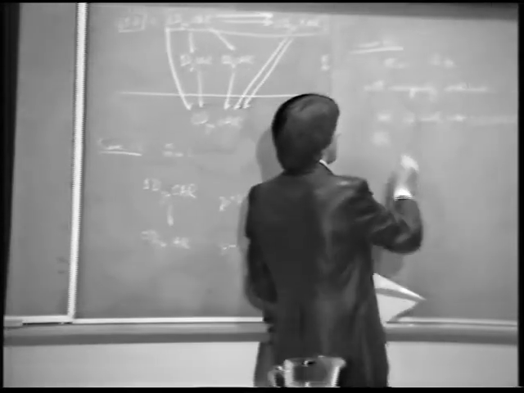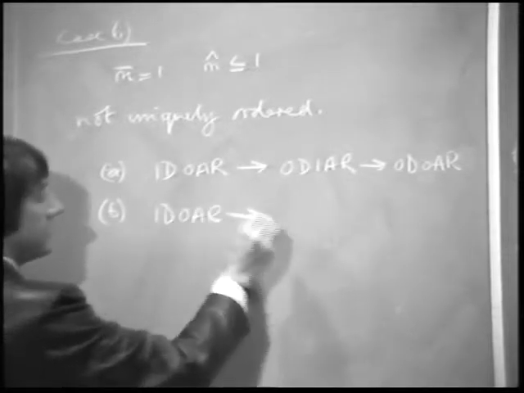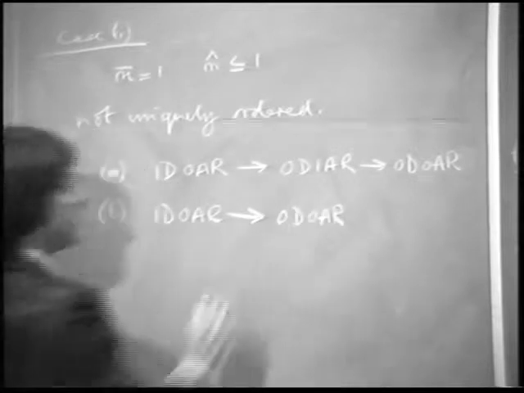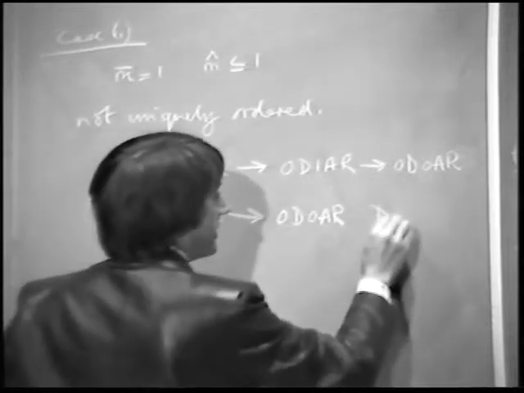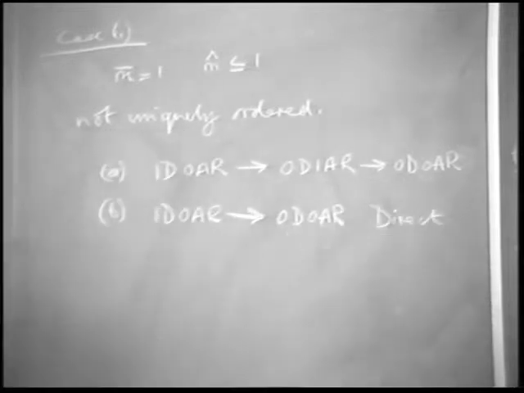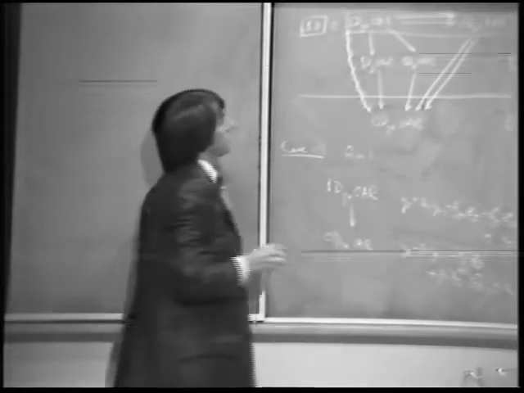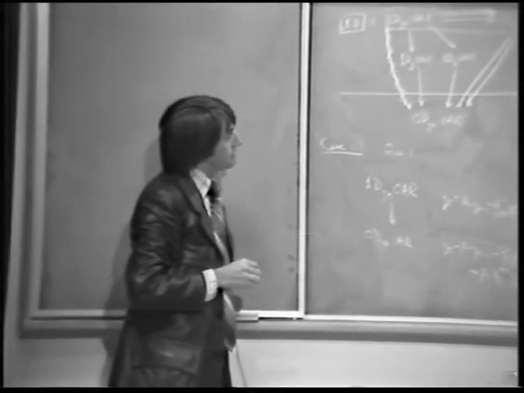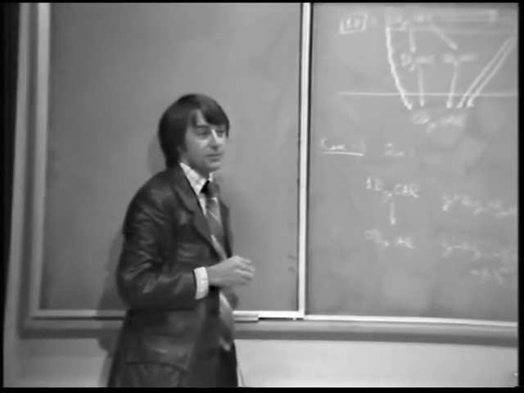But we could perform the direct test of 1D 0AR with 0D 0AR, the static model. So that would be a direct test. And that corresponds to going through that route in the diagram. Well, from just inspection of the diagram, you see the remaining two possibilities.